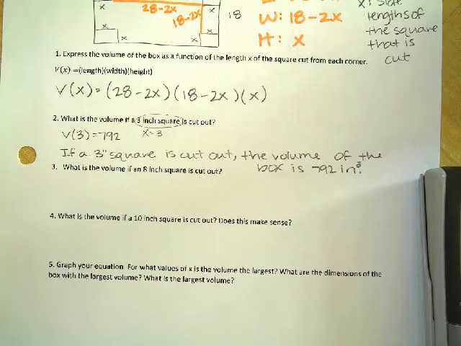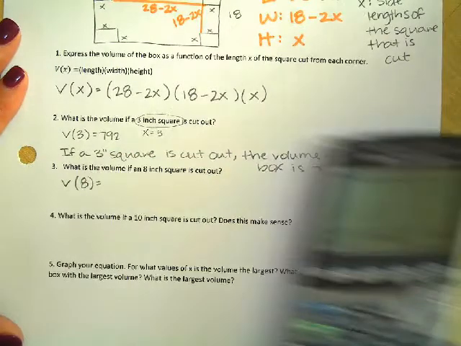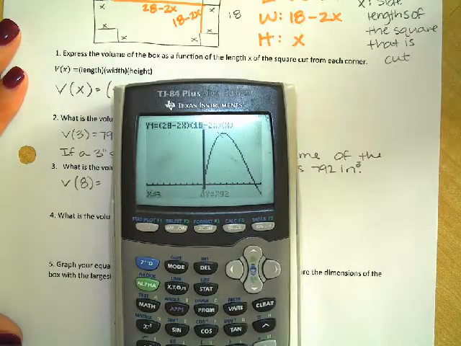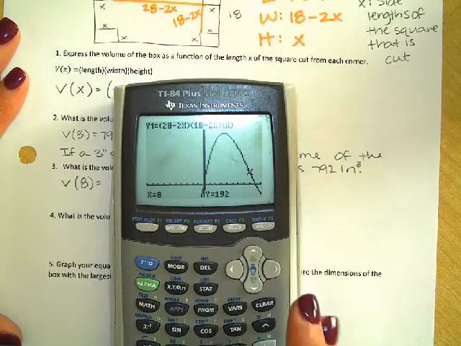All right, what am I plugging in next? 8. Okay, so I'm going to say v of 8. Just plug in 8. Is 192.